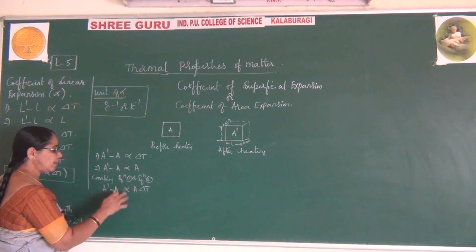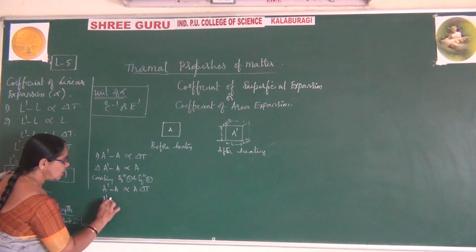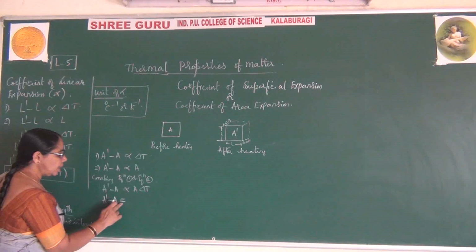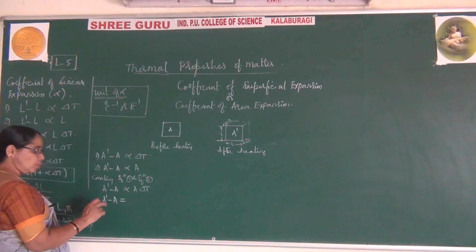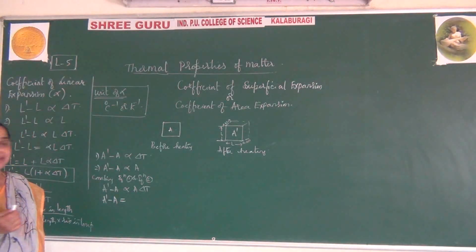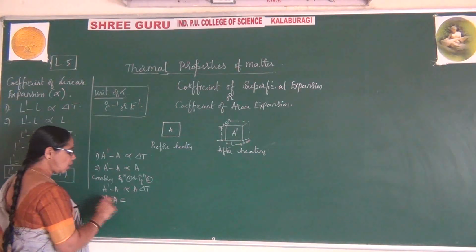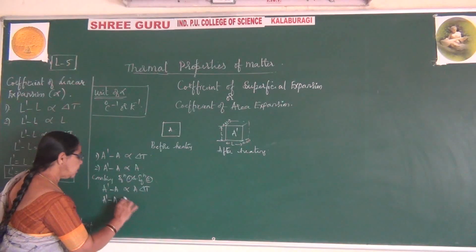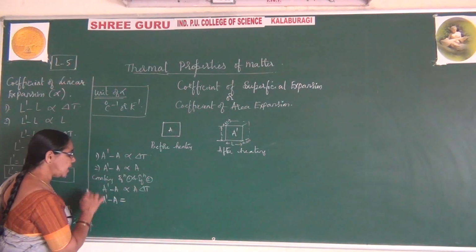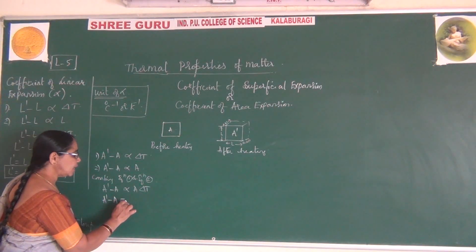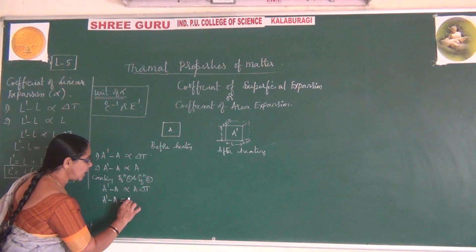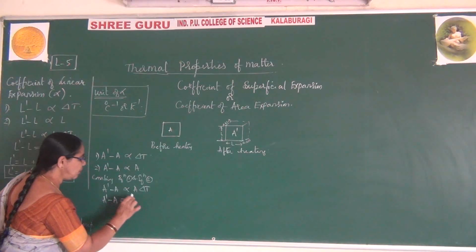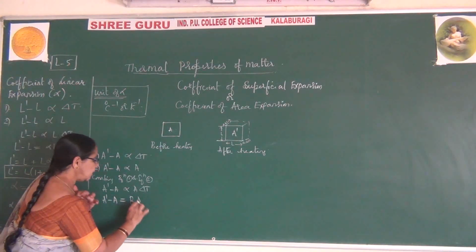So I write A dash minus A is equal to a constant times A delta T, and that constant is represented here by beta.